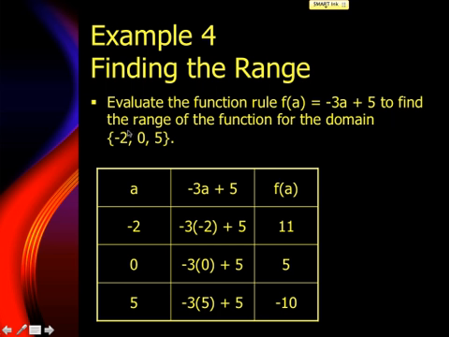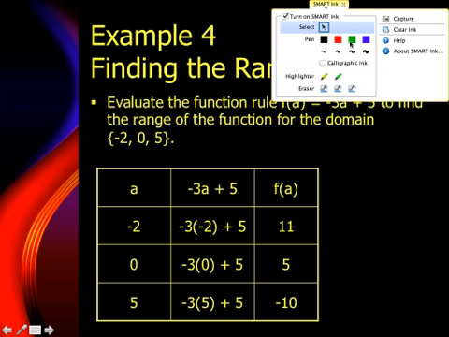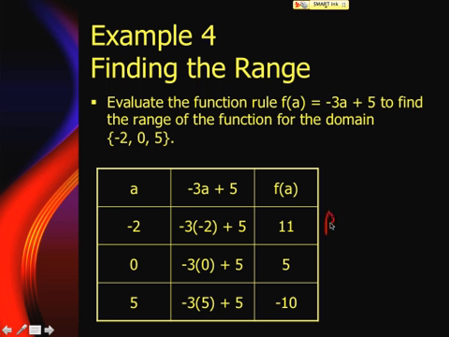And how we can answer this question is, notice how we have the domain in brackets. The way that we want to answer this question is we can do a big R with a little colon, and then we can do these little brackets, and we'll put 11, 5, and -10. And this represents our range.